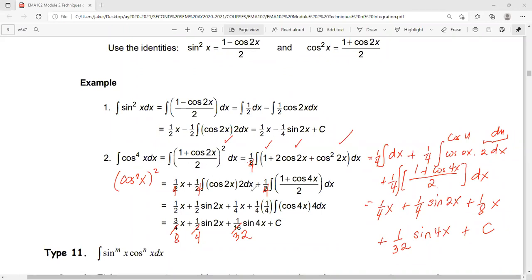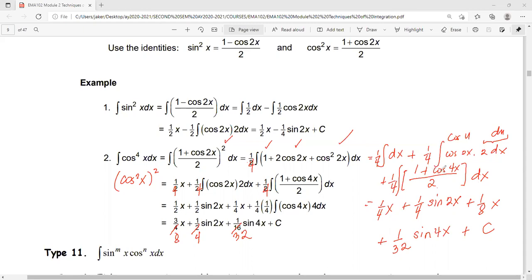Okay? So remember, we converted the cosine squared of 2x into its equivalent double angle cosine. So if you get its double angle cosine, that would be 1 plus, you double this angle, cosine of 4x. It's plus because it's cosine. This is always the denominator. So this one, 1/2 times 1/4, that would be 1/8 x.